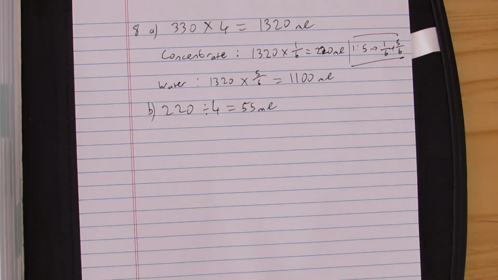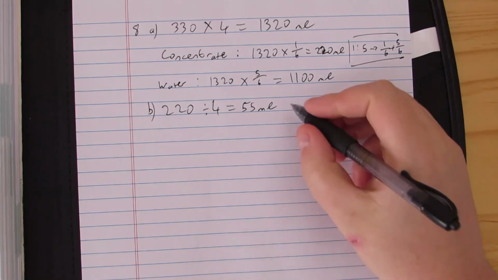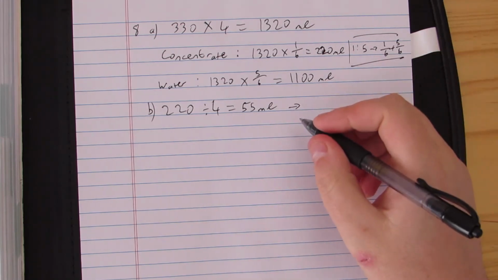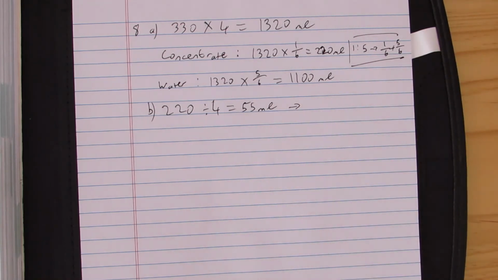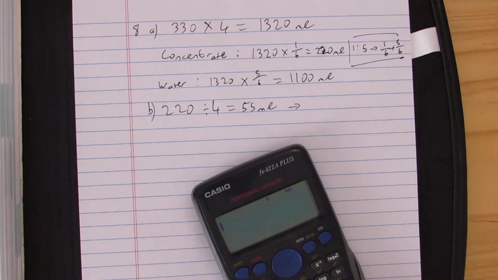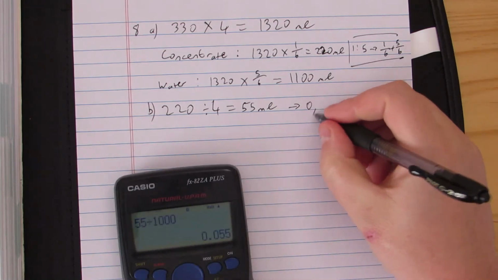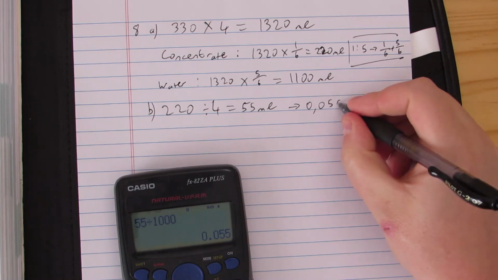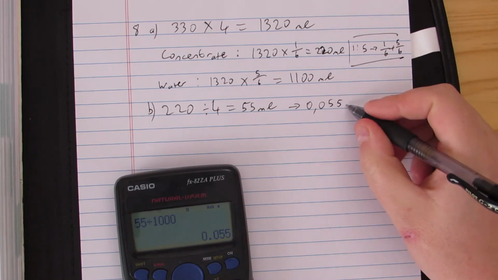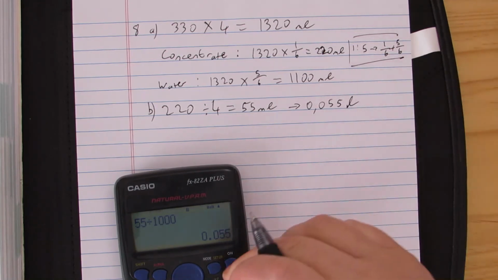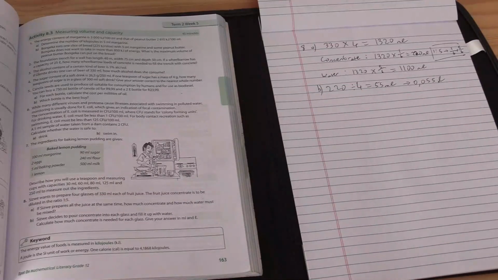The question did also ask us for the answer in liters, and I know there are 1,000 mils in a liter, so we're looking at 0.055 liters in total. Alright, hopefully that's good, and good luck with the rest of this.